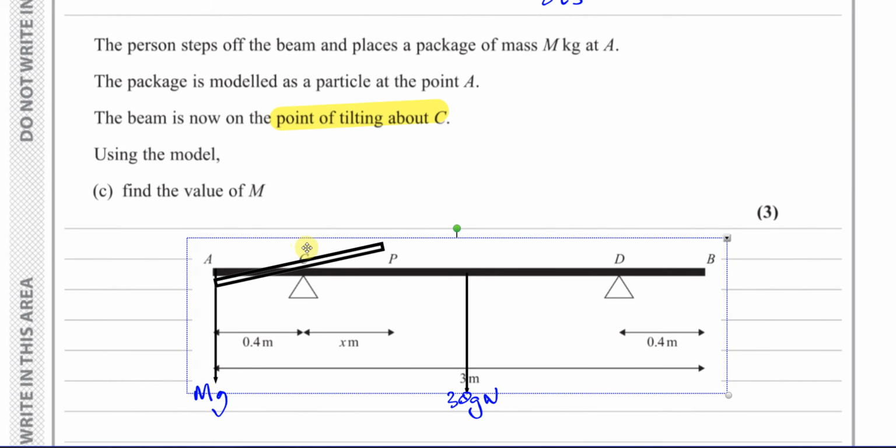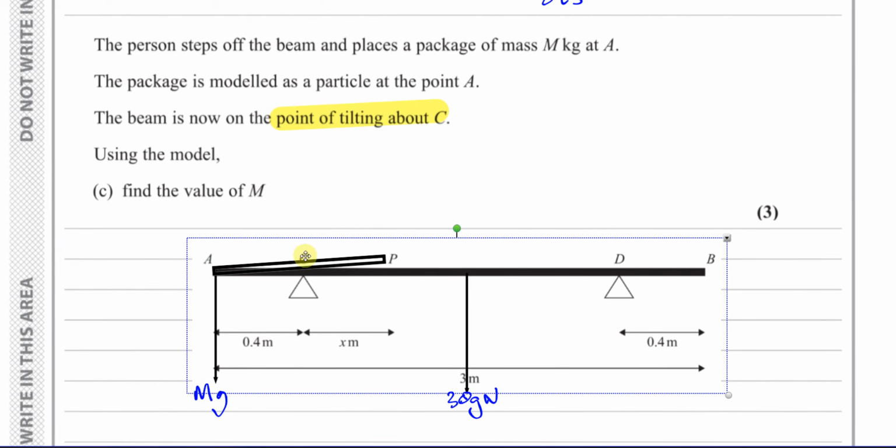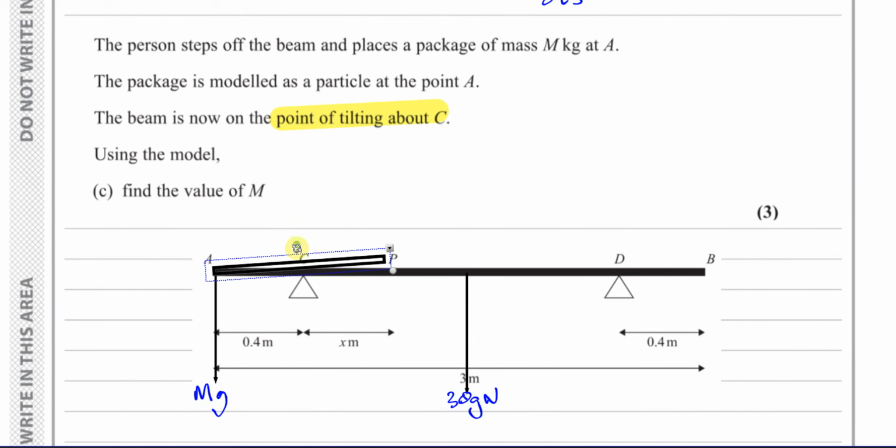It's about to tilt about C. So when it's about to tilt, that means that the force of this beam on D is going to become 0. It's not tilted yet. It's still in equilibrium. The moments are balanced out, clockwise and anti-clockwise, and upward and downward forces are equal to each other. However, it's just about to lift off. It's on the point of tilting about C.